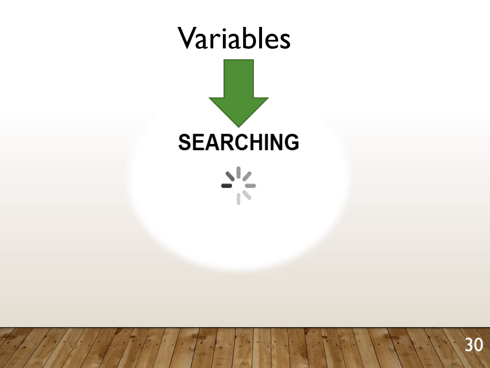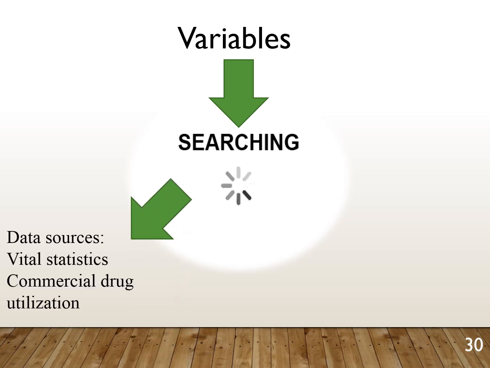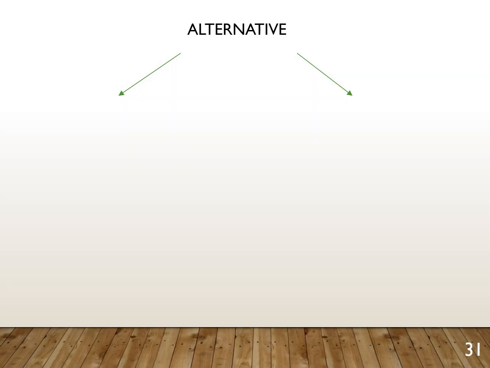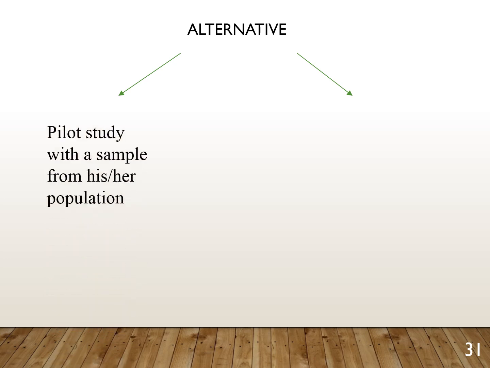Usually, the investigator would search for them in the existing data, either through vital statistics, commercial drug utilization, or studies conducted with a similar population. If the investigator couldn't find data in the medical literature, or through commercial drug utilization data sources, the investigator can pilot a study with a sample size from his population, or he can guess.